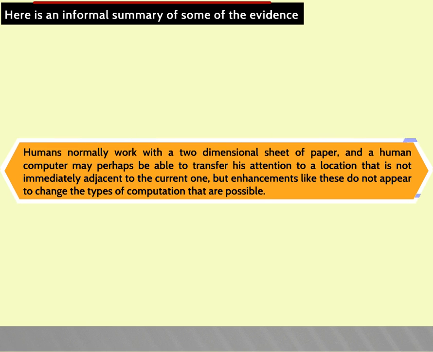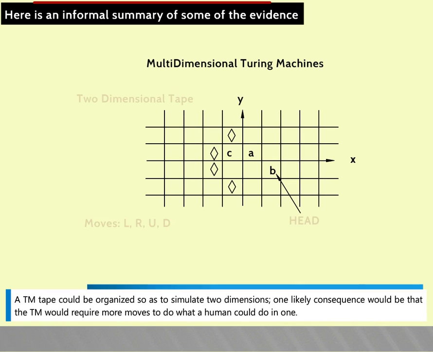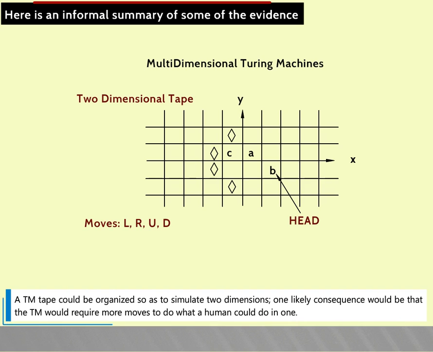But enhancements like these do not appear to change the types of computation that are possible. A TM tape could be organized so as to simulate two dimensions. One likely consequence would be that the TM would require more moves to do what a human could do in one.